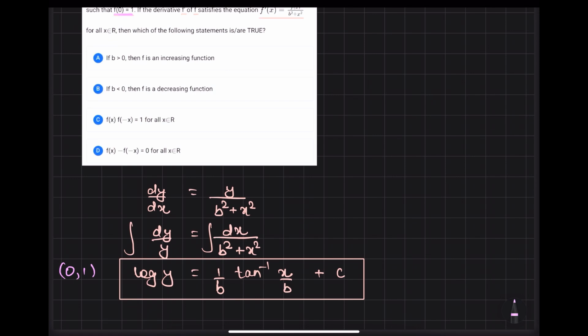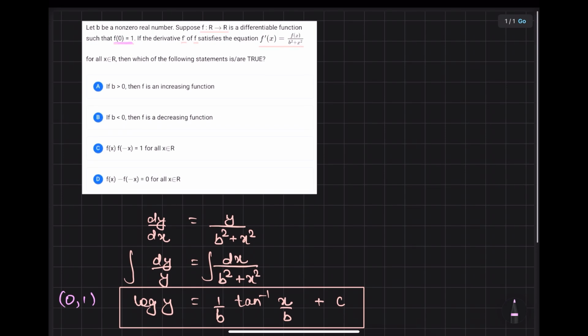Correct? Now look at this. So to remove this log, to find out the proper function f of x, can I write, sir, f of x will be equal to e power 1 by b, and then tan inverse x by b, just tell me.